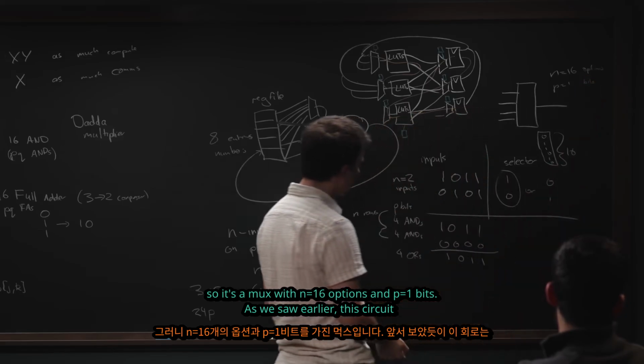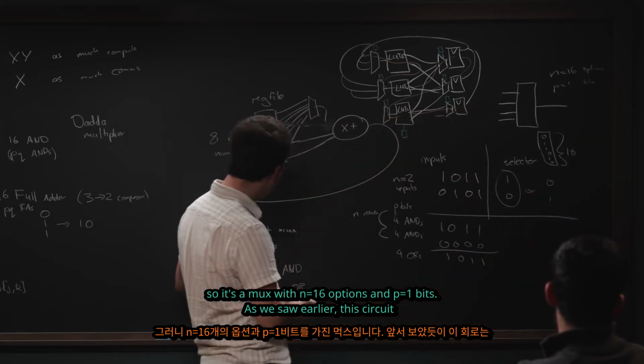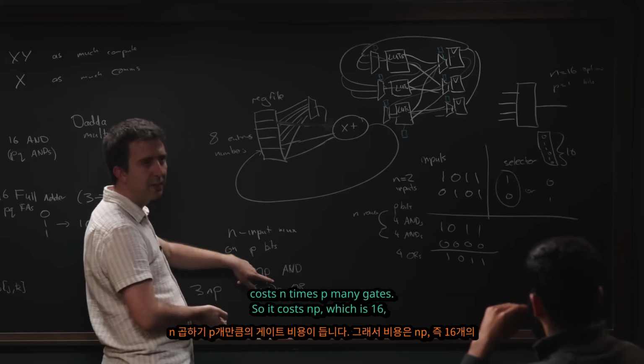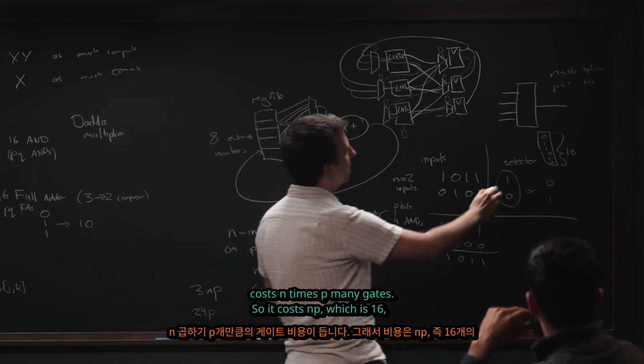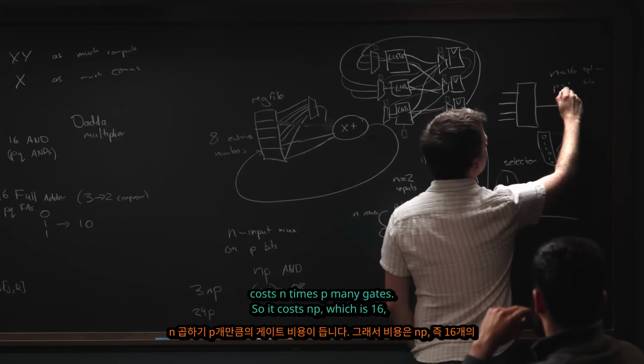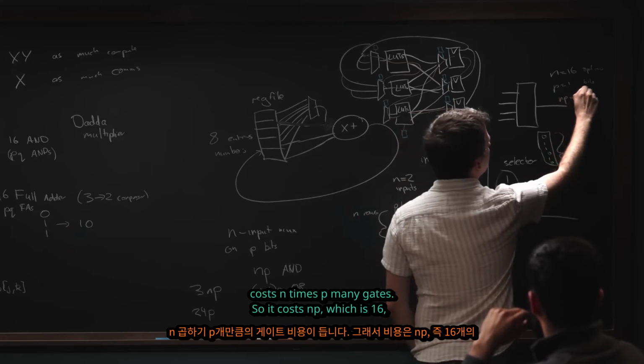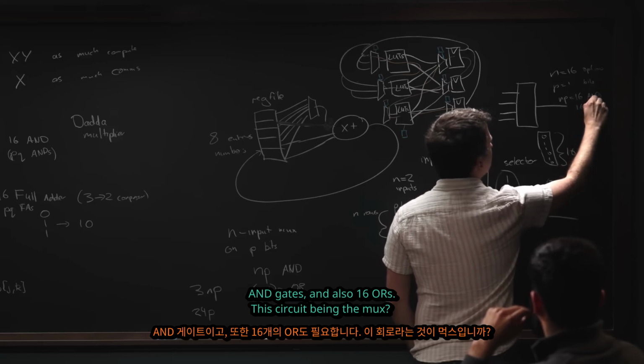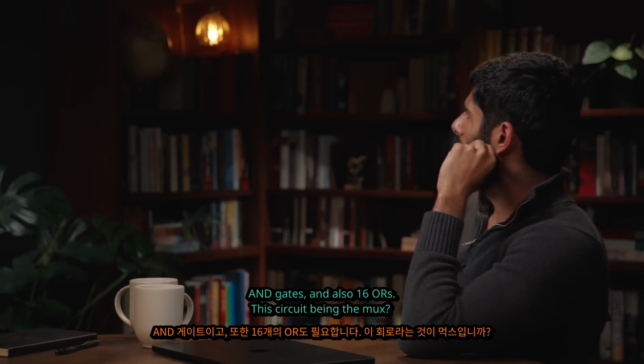And what we saw way earlier is that this circuit costs like n times p many gates. So it costs like n times p equals 16 AND gates, and also 16 ORs. This circuit being the mux.